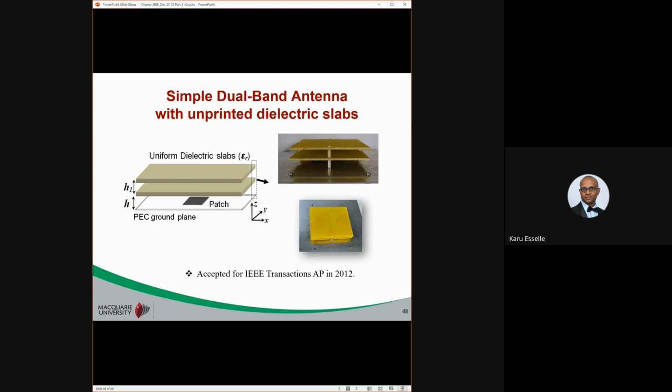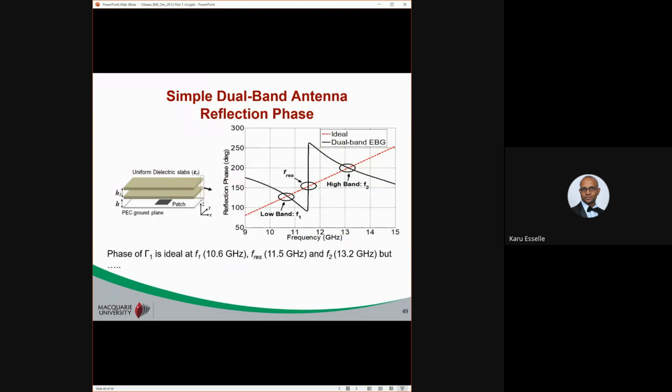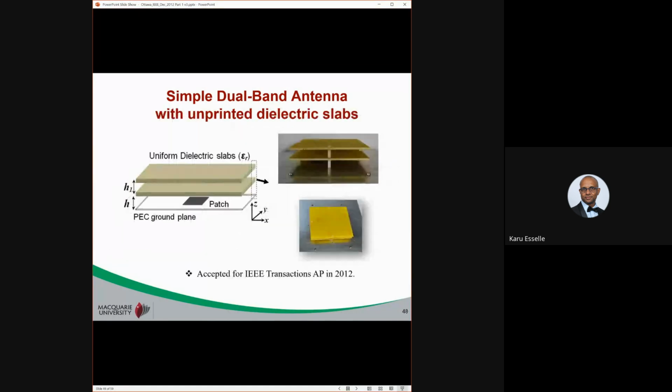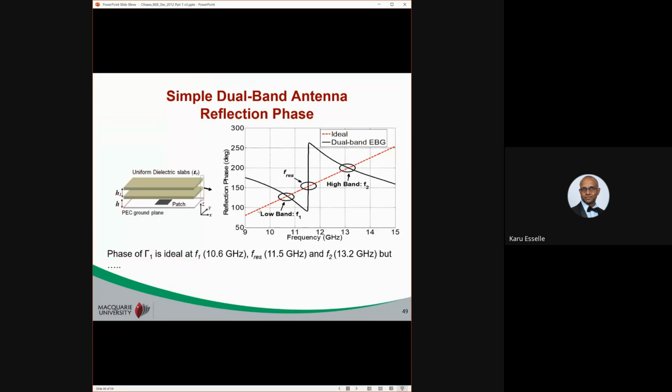Okay, so I think that is how you use this method, the reflection coefficient, to design the partially reflecting surface and the cavity. This is another example.